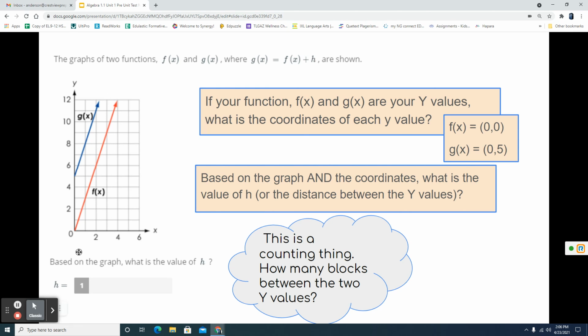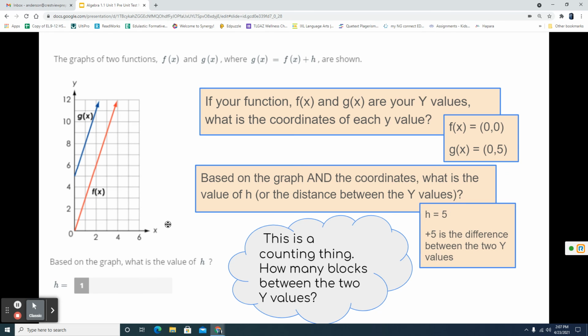But for g, it starts at (0, 5). Based on the graph and our coordinates, what is the value of h, or that distance between the two y values? 5. Why? Because that's the difference: 0, 1, 2, 3, 4, 5. That's our difference between the two y values. That's our h.